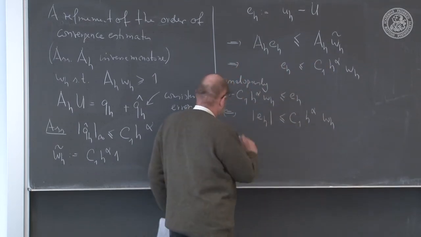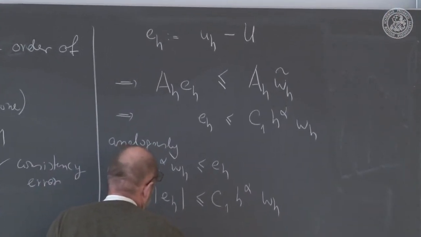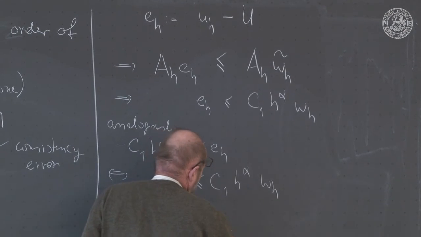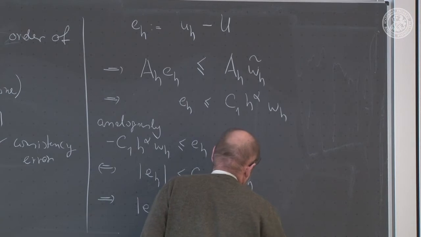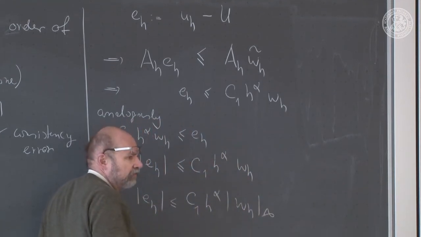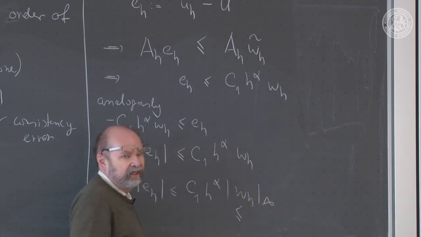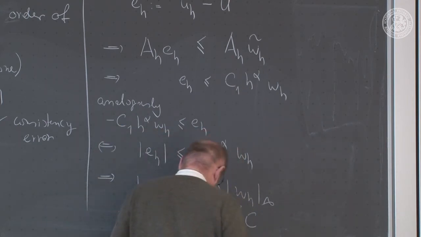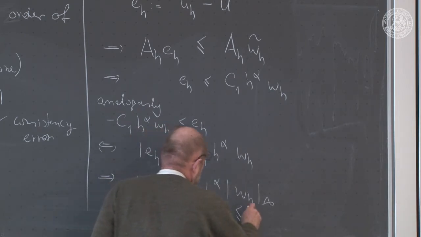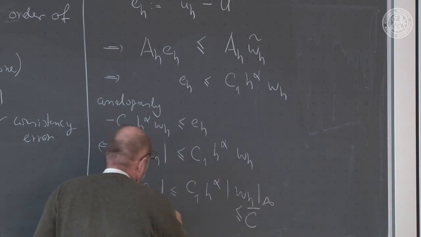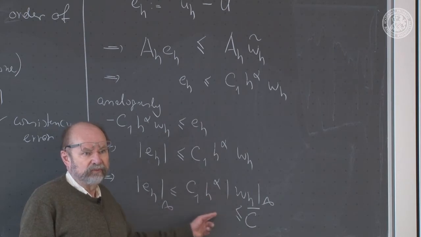So now, of course, I can go on with this estimate and say, of course, I can estimate this now from above here with the infinity norm of this vector. And if this is, again, stability bounded by some, let's call this, I think, C bar, then we are in the L infinity norm estimate as we are used to.